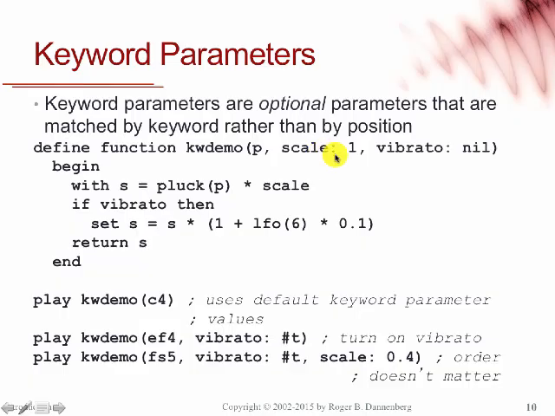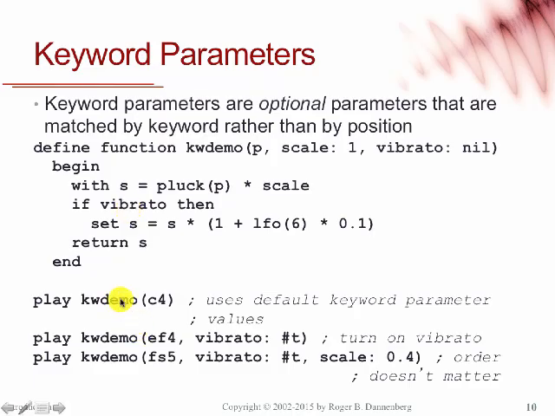And we know that they're keyword parameters because we have a symbol followed by a colon, that's the keyword, and then an expression after that, which is the default value for that keyword parameter, in case nothing is provided. And otherwise, we can use scale and vibrato as if they are just ordinary parameters. So here we see scale, here we see a use of vibrato in this function.